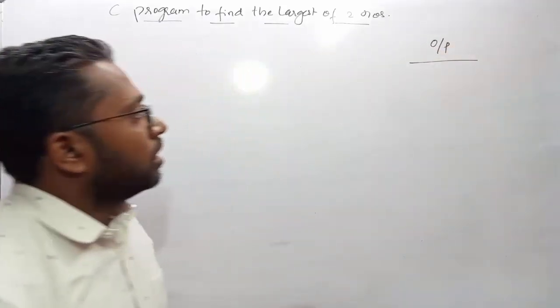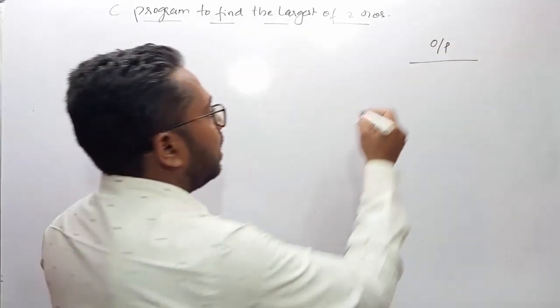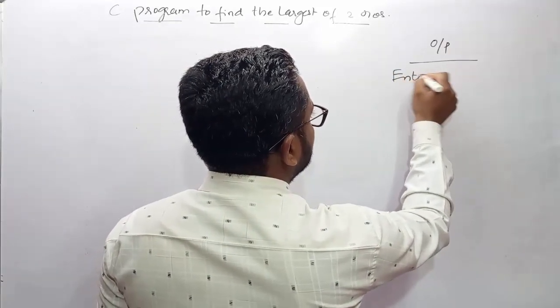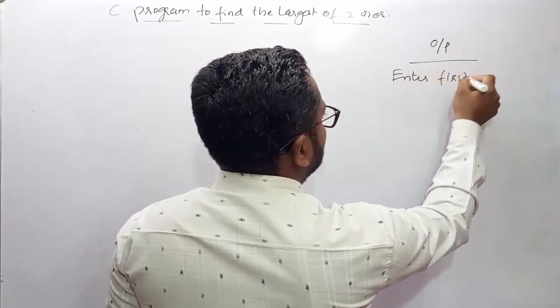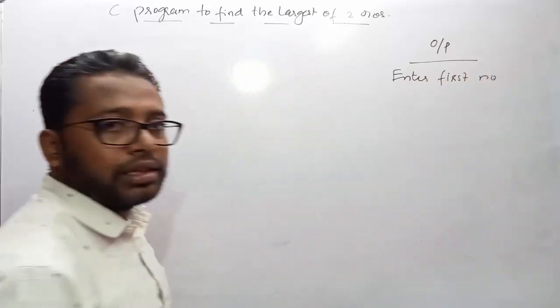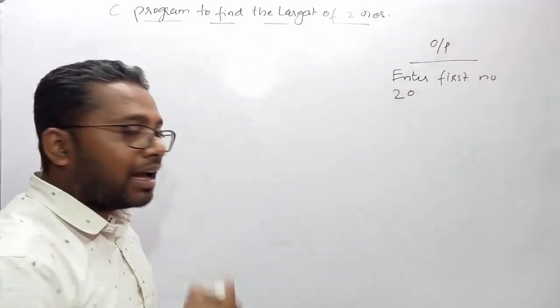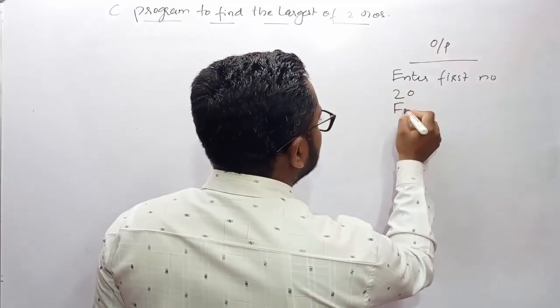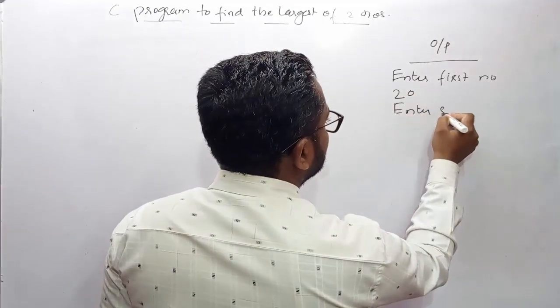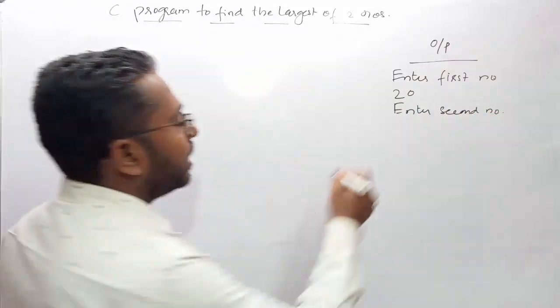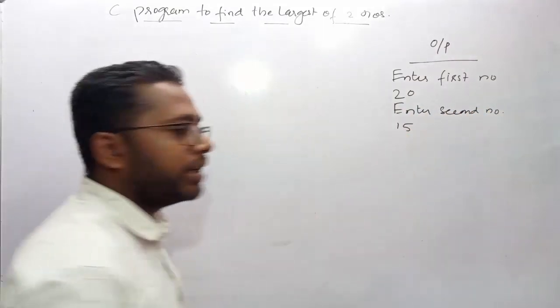Okay. When this program gets executed, it asks the user to enter the first number. Enter first number. Then the user enters any value, let us say 20. Then again it asks the user to enter second number. Then the user will enter 15.